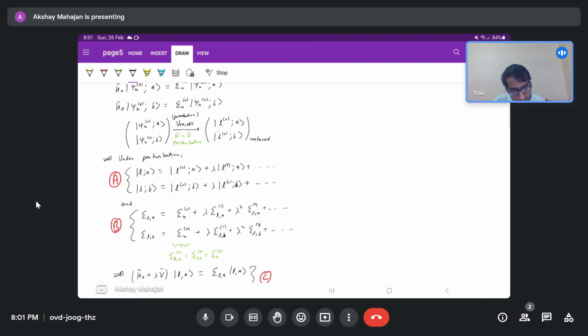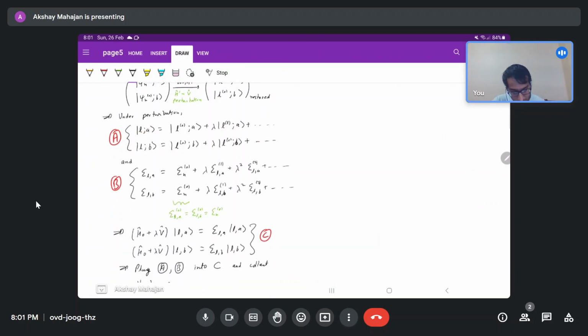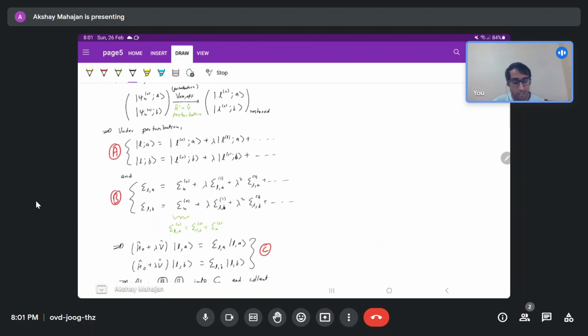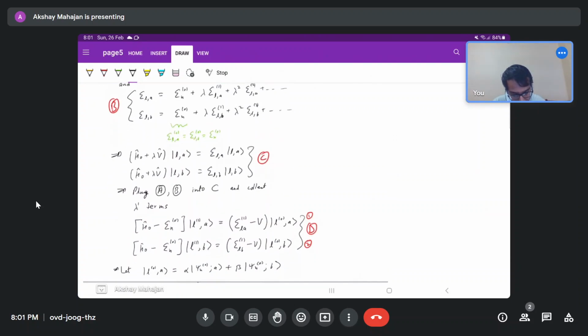So we consider these states as our 0th order state, and then we applied our perturbation theory, and we got equation number A and equation number B for these two 0th order eigenstates, which we know are going to be some linear combination of these degenerate states. And the 0th order energies was this.